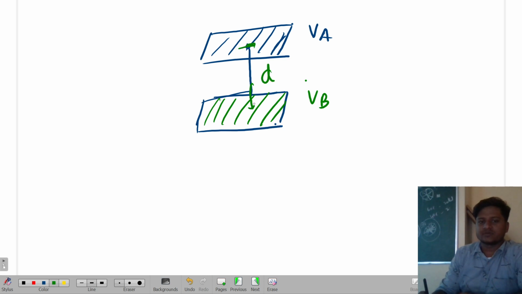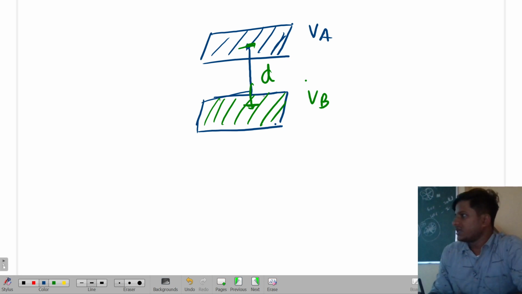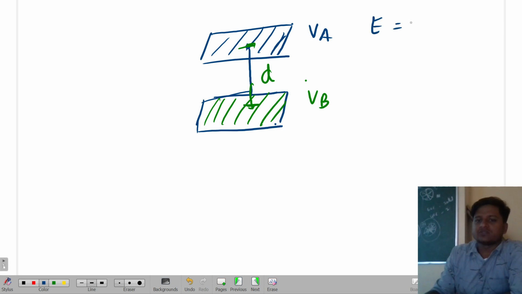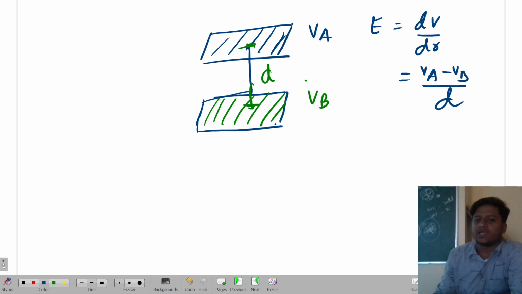D over here. So the electric field was given as what? dV by dr or not? Which will be V of A minus V of B divided by D.